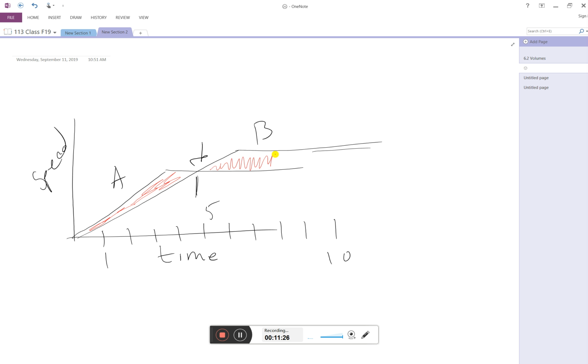I'm thinking about this area, because that difference is a difference in speed, and for every little interval, speed times time will calculate a distance. So this is B catching up right here, and at some point when this area equals this area, they will be equal.